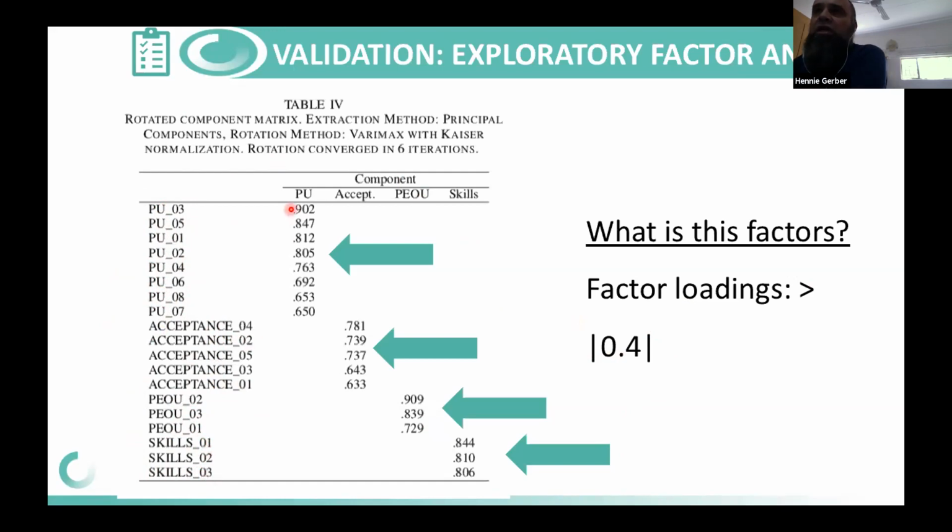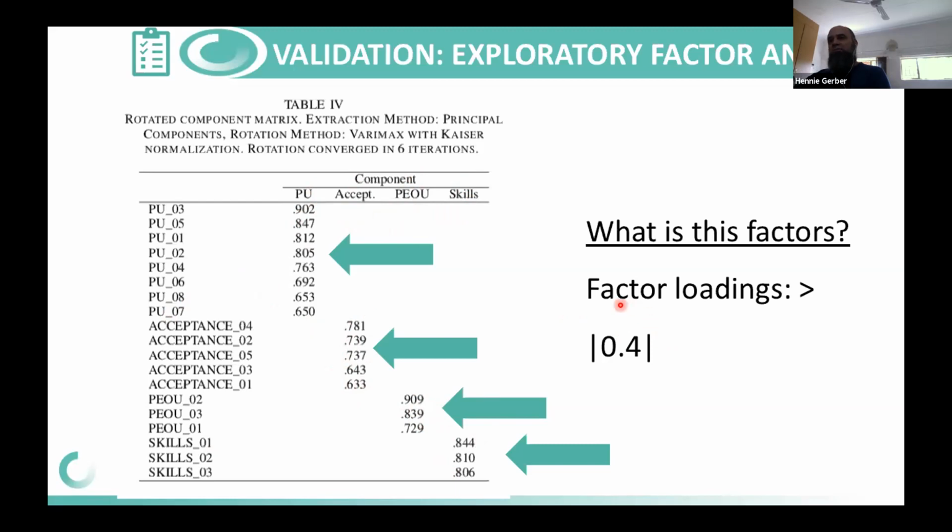And then this loading here will tell you where each one loads. So you can see all these questions load on the first factor, all these ones on the second factor, all these ones on the third one, and all these ones on the fifth one. Now there are loadings here, but they are less than 0.3.